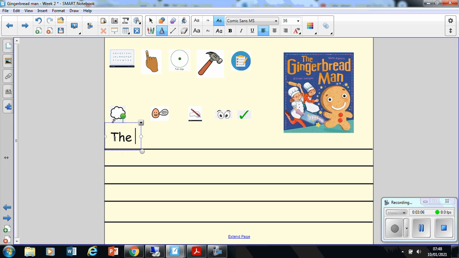The finger space, ch, e, k, e, finger space, k, ow, finger space, m, oo. That ed suffix to help me remember it's the past tense. Full stop. Absolutely. There we go.